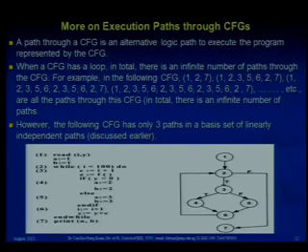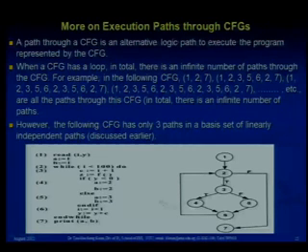In general, when a control flow graph has a loop, there are an infinite number of paths in the control flow graph. Even this simple control flow graph has an infinite number of possible paths. It is not just 3 paths, because a path can go through this loop 1 time, 2 times, 3 times, 100 times, 1 million times. There are a lot of possible paths in this control flow graph.